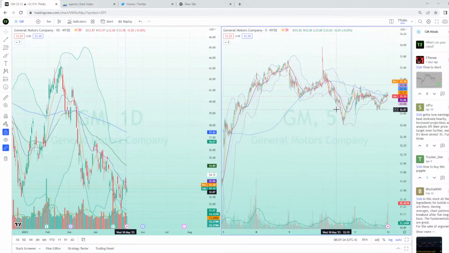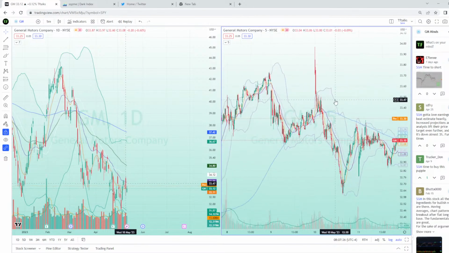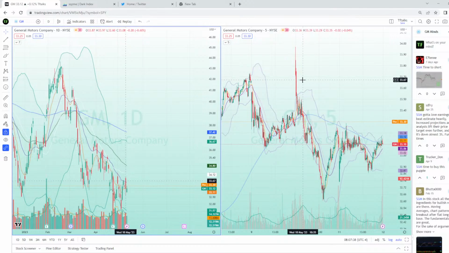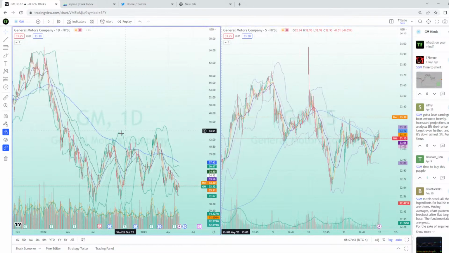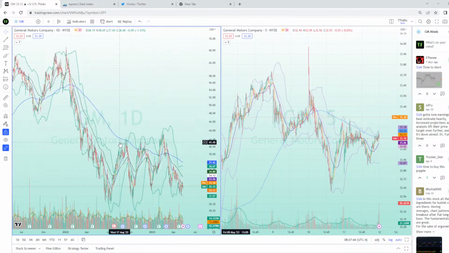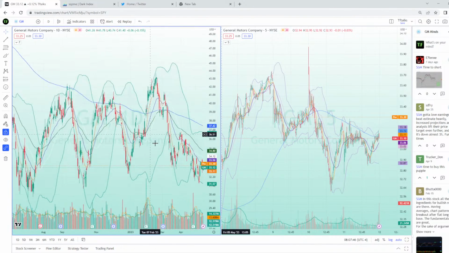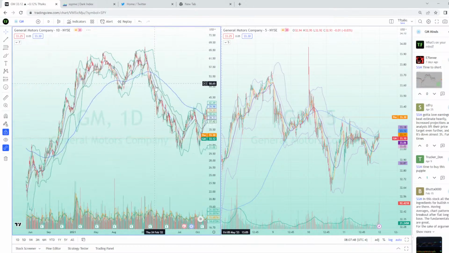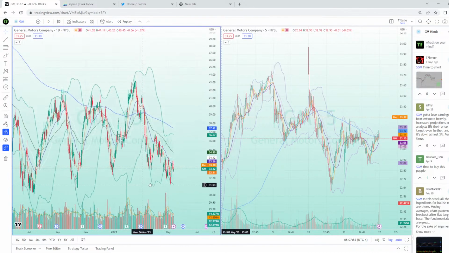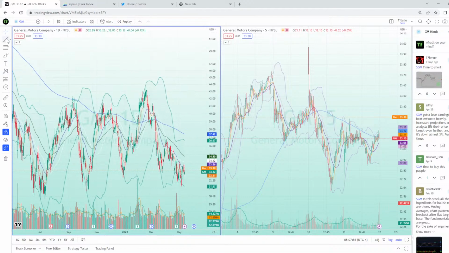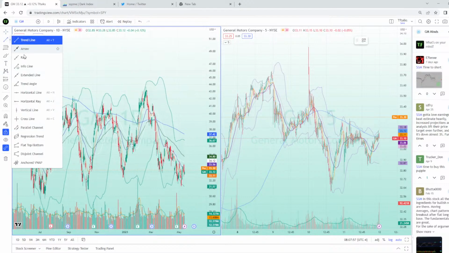I mean, it's a downtrend. Currently, it looks like a downtrend on the 5 minutes, but the day chart. Let me just draw some lines over here.